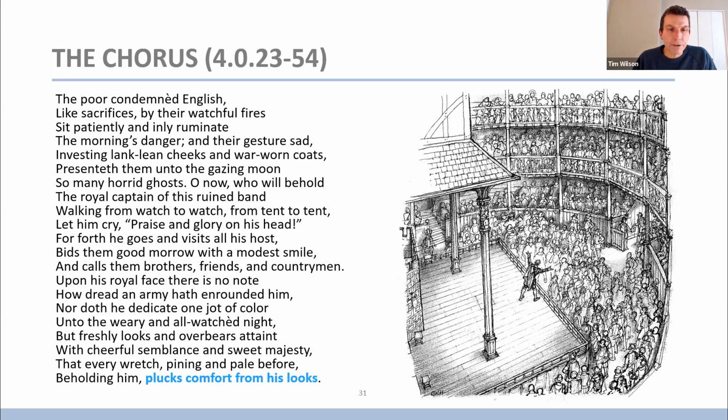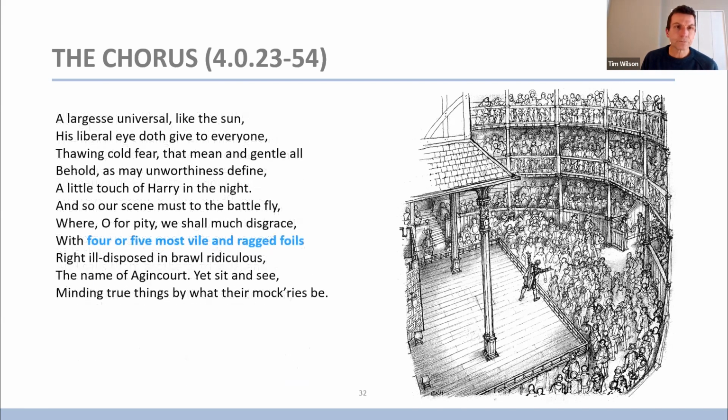Upon his royal face there is no note how dread an army hath enrounded him, nor doth he dedicate one jot of color unto the weary and all-watched night. But freshly looks and overbears attaint with cheerful semblance and sweet majesty, that every wretch, pining and pale before, beholding him, plucks comfort from his looks.